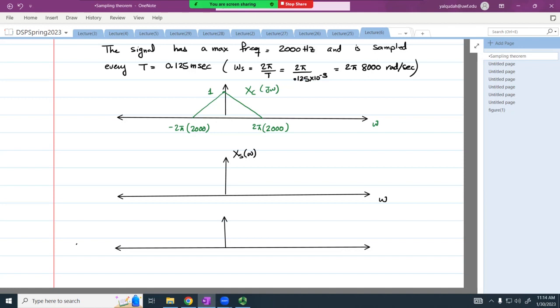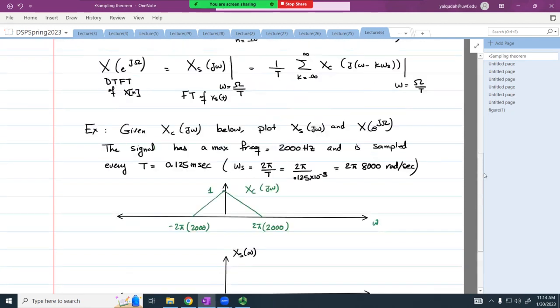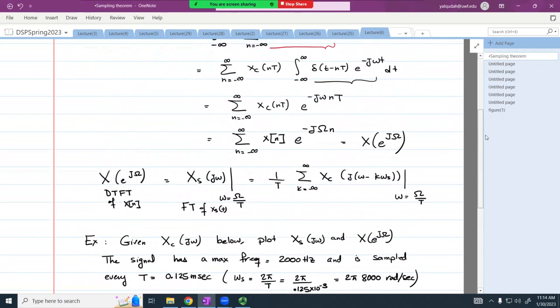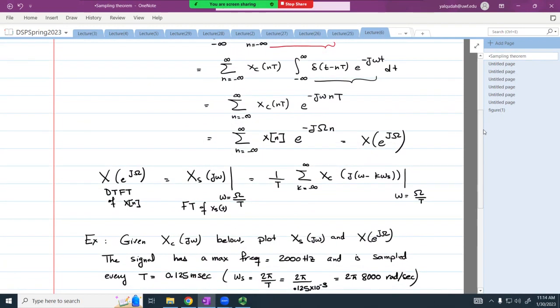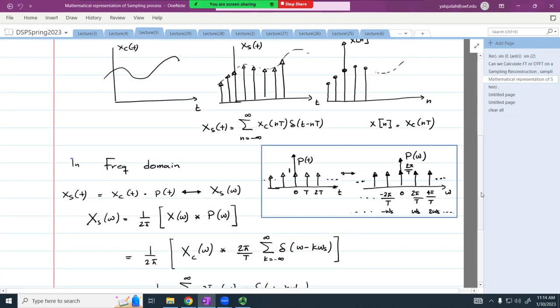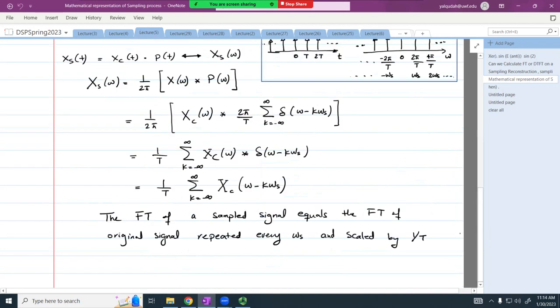How do we know it? Xs(jΩ) is going to equal 1 over T, the summation of Xc(j(Ω − kΩs)). This is what we did in the previous class. The last thing we derived is that Xs(jΩ) equals 1 over T times the sum of Xc(j(Ω − kΩs)).